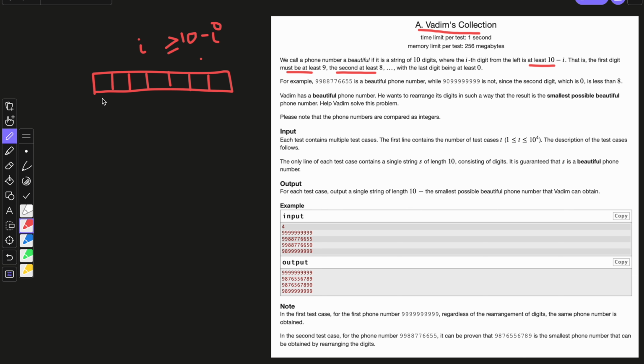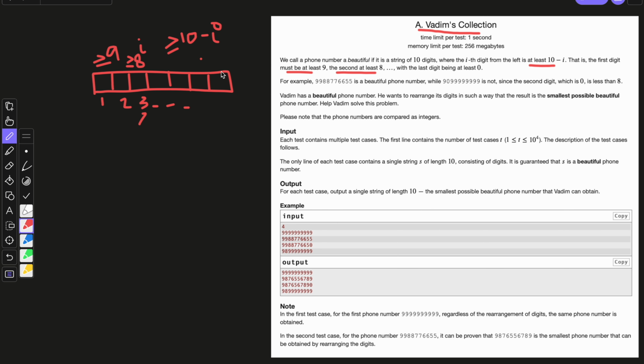So suppose this is position 1, then the number should be greater than or equal to 9, and at position 2 it must be greater than or equal to 8, and at position 3, 7, and so on.